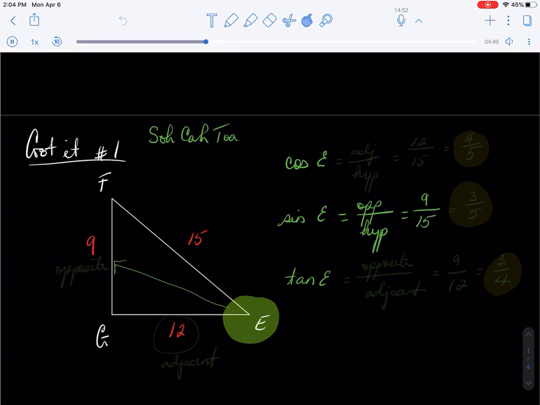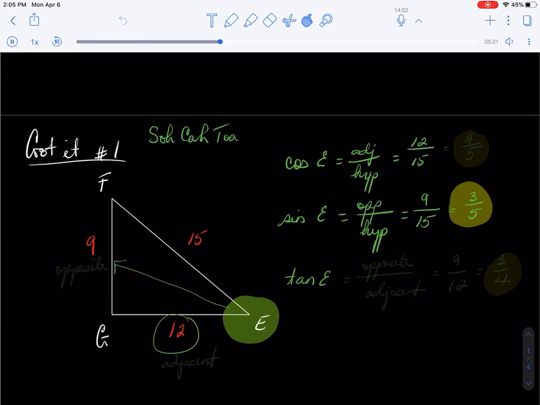I always simplify, so the ratio is 3/5. That is sine E. And if I'm looking at cosine, it's going to be adjacent over the hypotenuse. Adjacent, as in next to, is going to be 12 over 15.